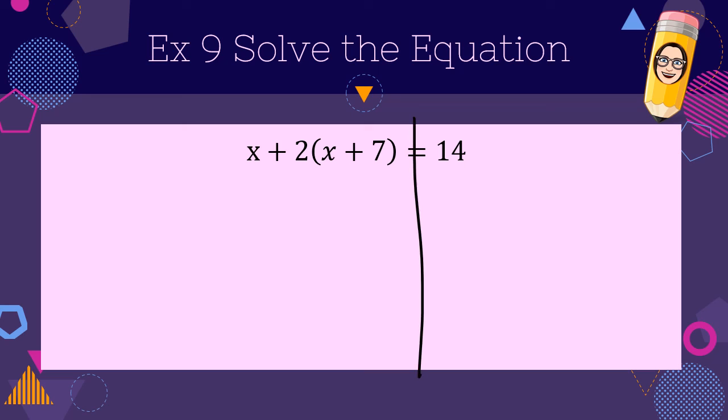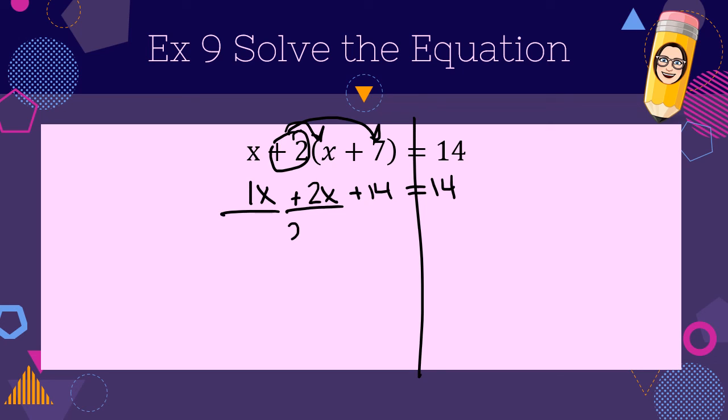Let's take a look at this one. We're distributing a +2 into parentheses first. A +2x. Distribute again. A +14. Everything else falls down. Let's combine our x's. 1x and 2x is a 3x. Next step, undo any addition or subtraction.